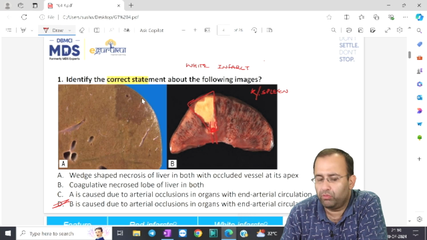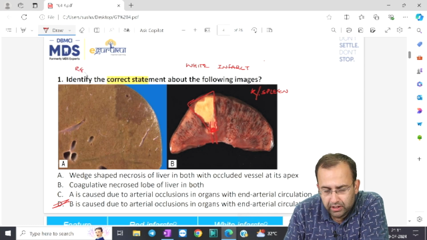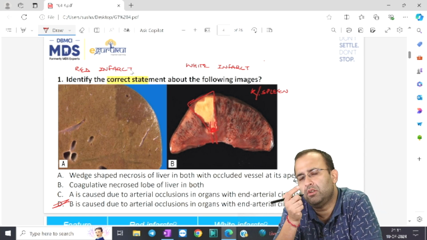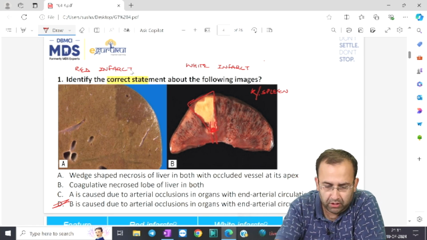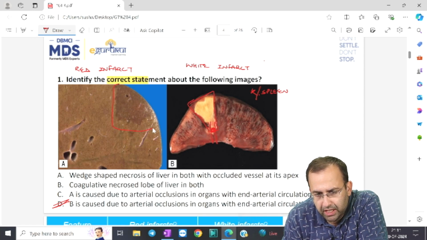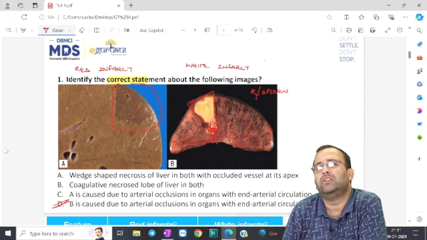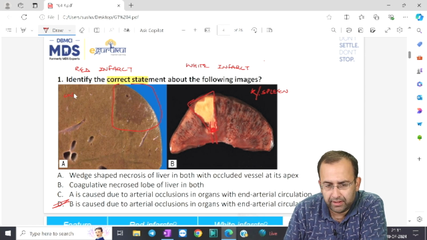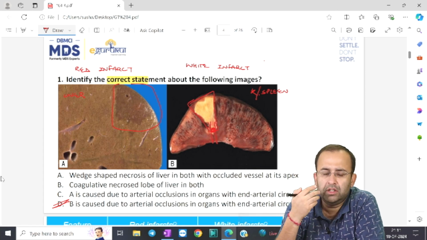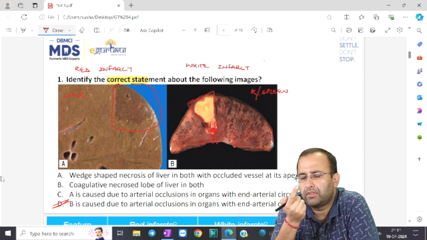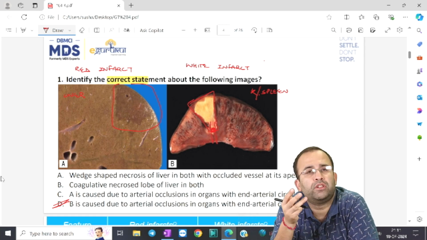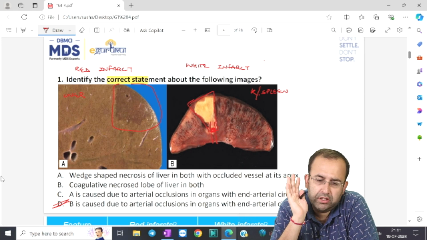Versus image 1, which is a red infarct or hemorrhagic infarct, which is seen in loose organs or those with dual circulation. Look, what are you able to see here? You are able to make out that this is a slightly hemorrhagic area, but this hemorrhage is ill defined. This is liver. It is a dual organ, with dual blood supply. So red infarct is seen in loose organs: small intestine, lungs, liver, ovaries, ovarian torsion, all those with dual circulation.